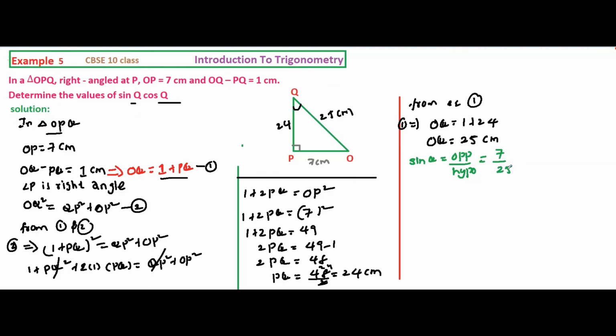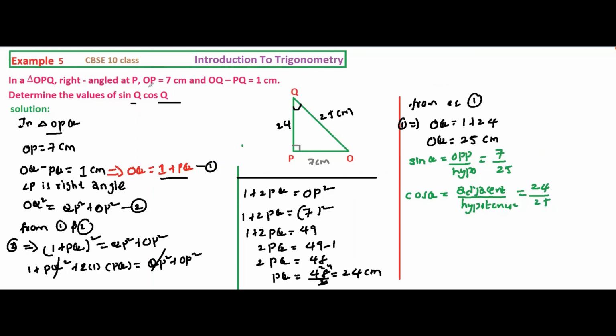This is the sin Q value. Next cos Q equals adjacent by hypotenuse, that equals adjacent 24 by hypotenuse 25.